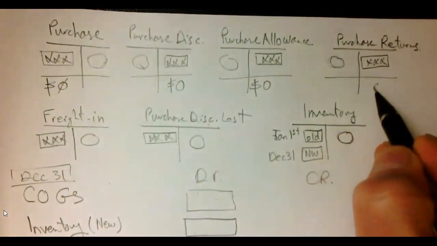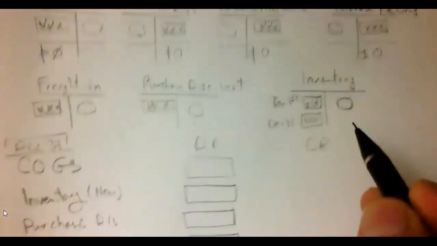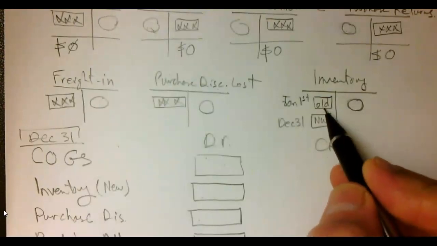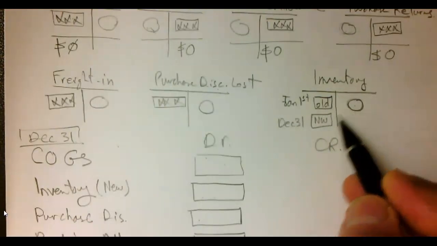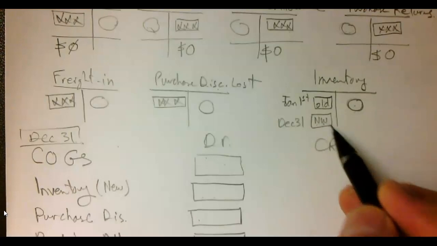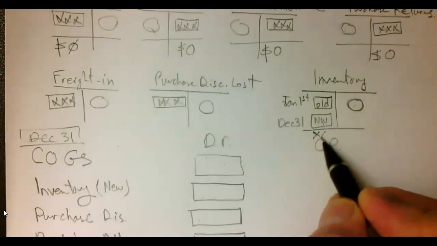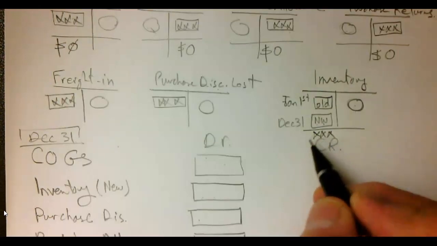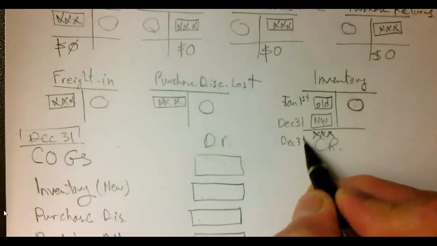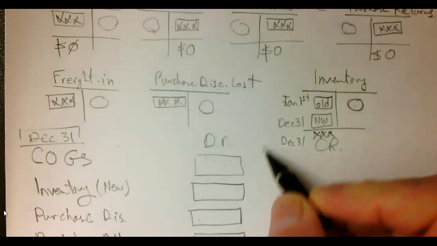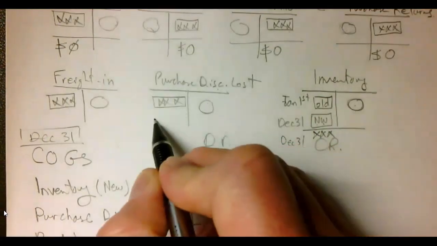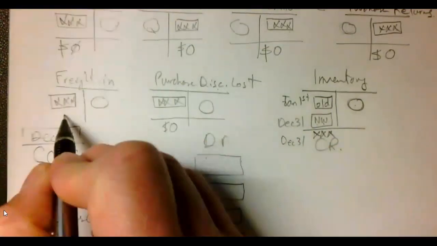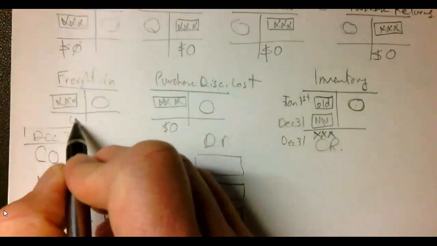Purchase return will be $0. Inventory will get updated because the old will be closed and new will be updated with the new balance of December 31st, right? And purchase discount loss will be closed, and freight in will be closed.